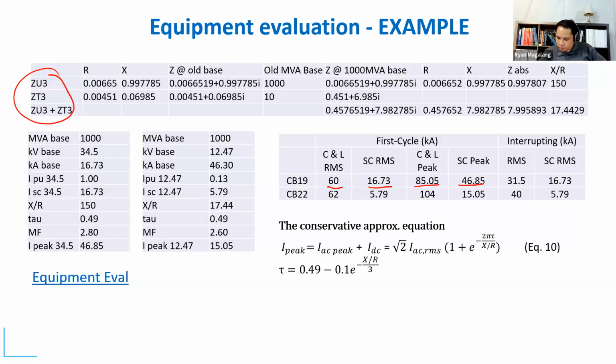So let's compare that with the rating. This is actually the rating that we're trying to compare with. 31 and 16.73. So it's meeting. Obviously, it's meeting because I only modeled a few of them, but that's the process.